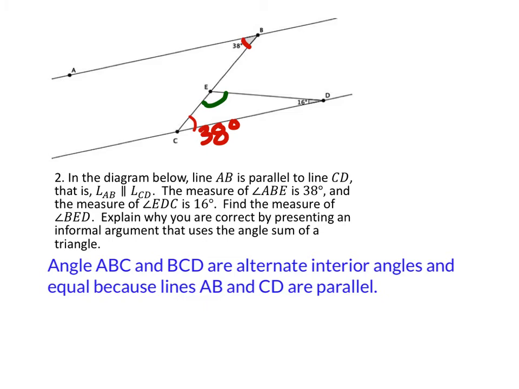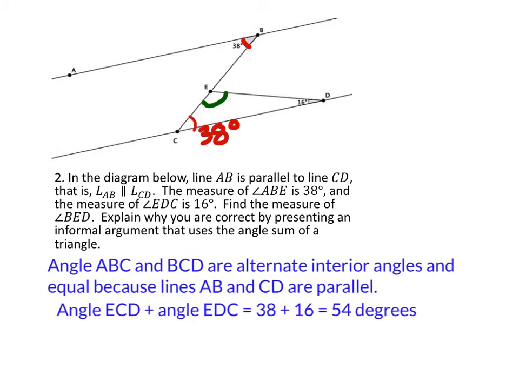Angle ECD plus angle EDC would be 38 plus 16. Those two angles added together give us 54 degrees. Now we know that if we add that third angle in green, we would get 180 degrees. So if we subtract these 54 degrees off of 180, we'll have angle CED. Alright, so angle CED is 126 degrees there in green.